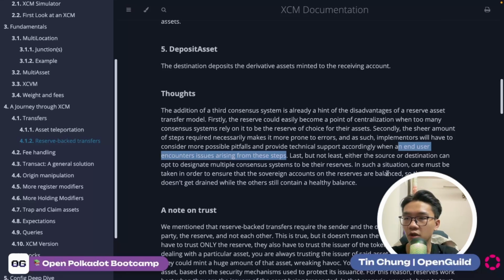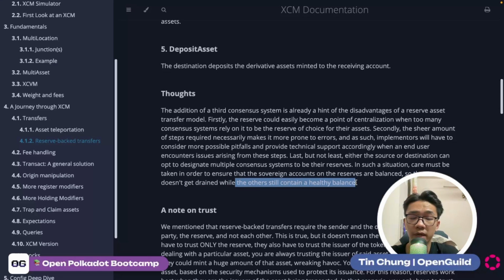And last but not least, either the source or destination can opt to designate multiple consensus systems to be their reserve. In such a situation, care must be taken to ensure that the sovereign accounts on the reserves are balanced, so that one doesn't get drained while the other still contains a healthy balance.